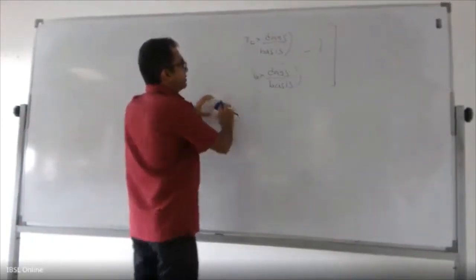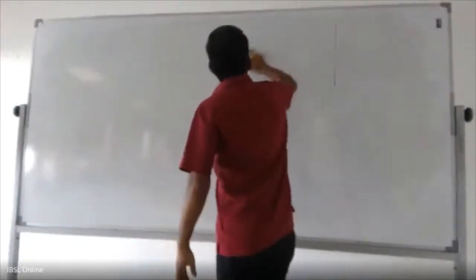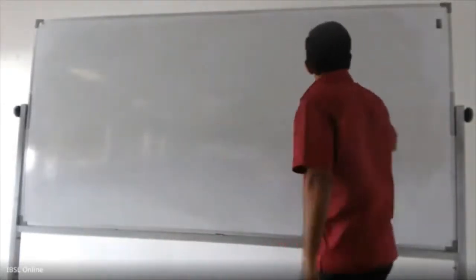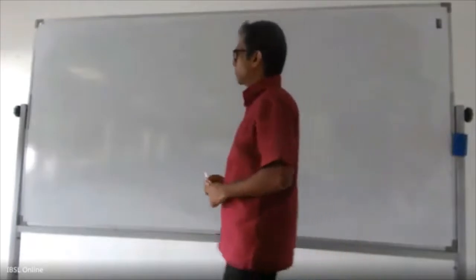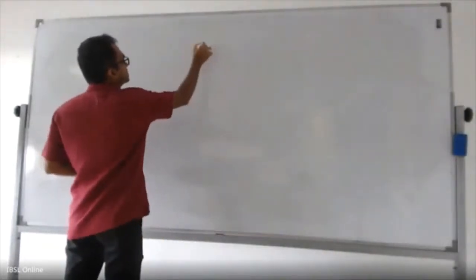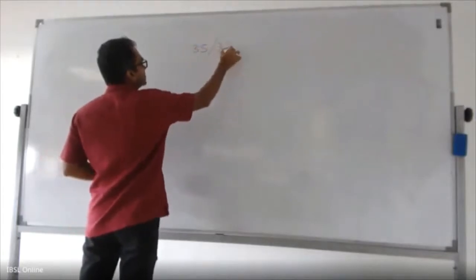Then I explain. Say the forward points are, as I mentioned earlier, 35, 38.